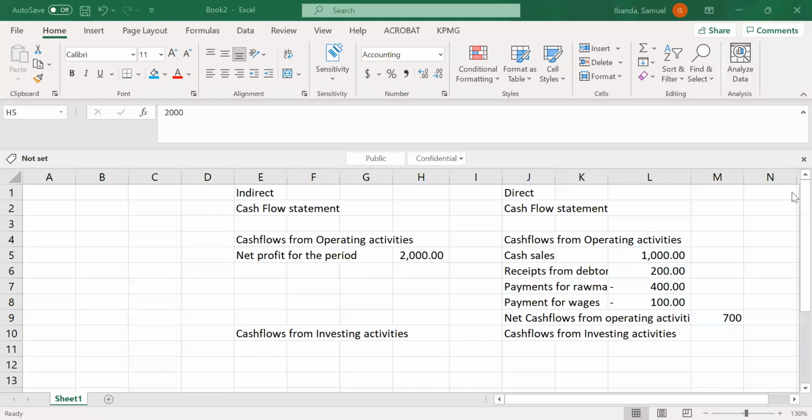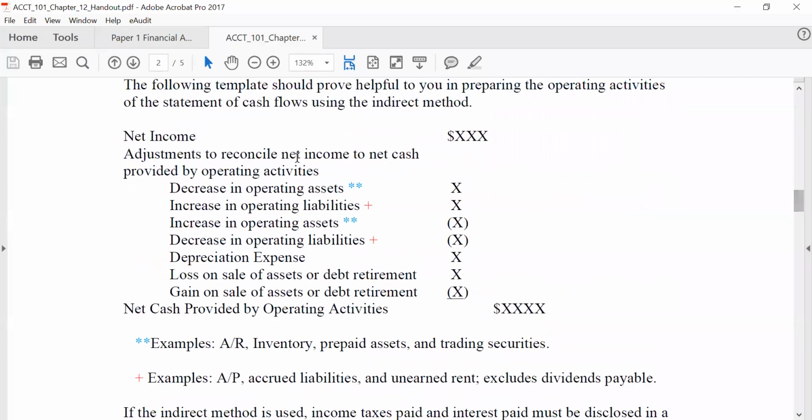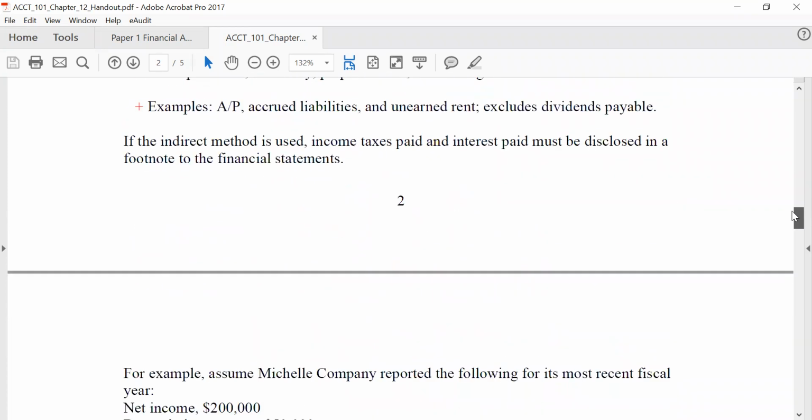So when you look at this, this is the net income. We know very well that net income is the same thing as net profit. So if it's the net income, what happens is we go ahead to adjust the profit with different items, okay? Just like the way we have some of these items.